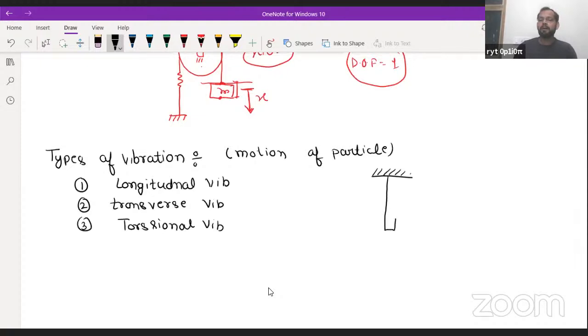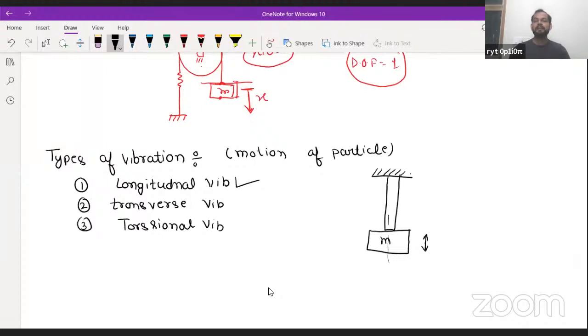For example, I am considering there is one rod that is elastic in nature, and there is one mass that is hanged here. So if this mass is performing the motion in the longitudinal direction, if it is vibrating like this along its longitudinal axis, then such type of vibration will be known as longitudinal vibration.